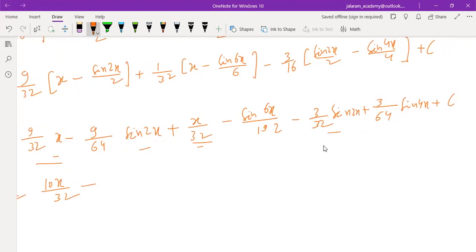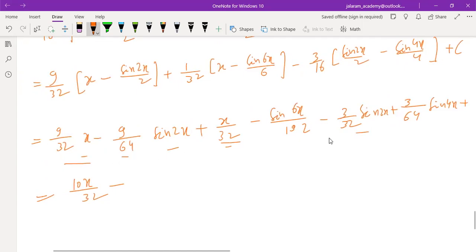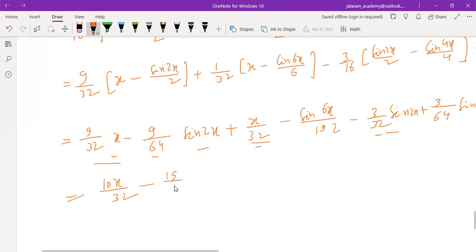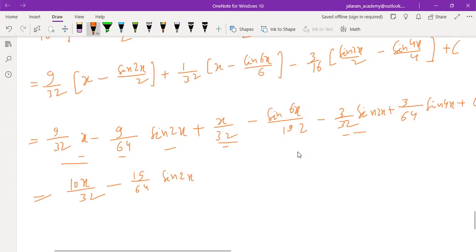There are two terms of sin 2x in all, 9 by 64 and this is 6 by 64. 9 plus 6, 15. So minus 15 by 64 sin 2x. Then sin 6x upon 192 plus 3 by 64 sin 4x. There is only one term of sin 4x, plus c.